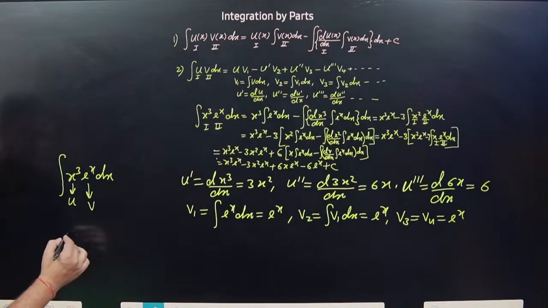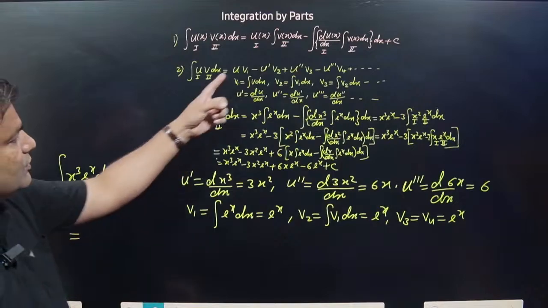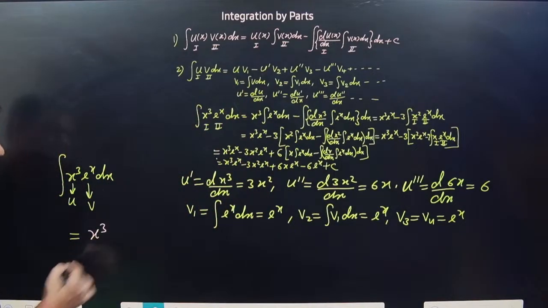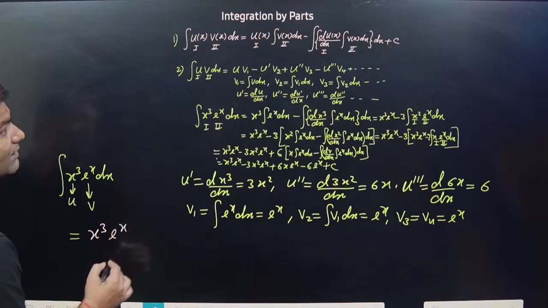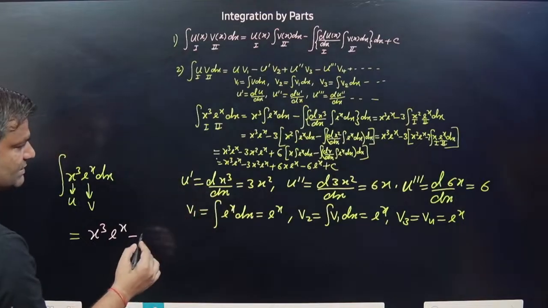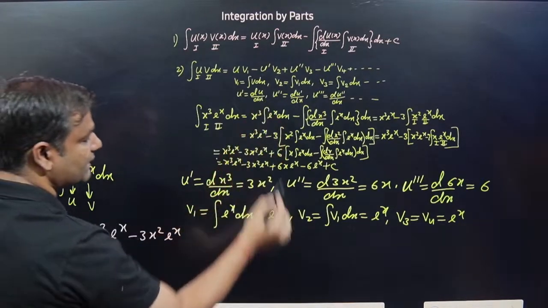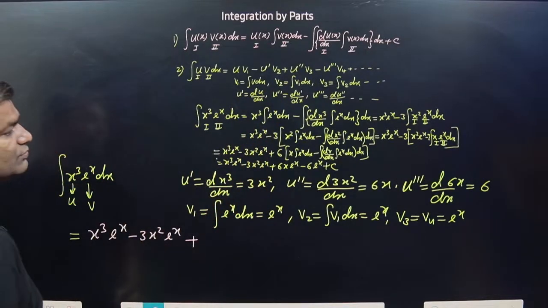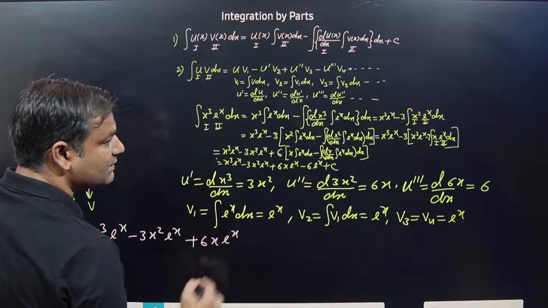Look here. u is x cube into v1, and v1 is e to power x, minus the differentiation of it, u prime, which is 3x square into e to power x, which is v2, plus u double prime, which is 6x into e to power x.